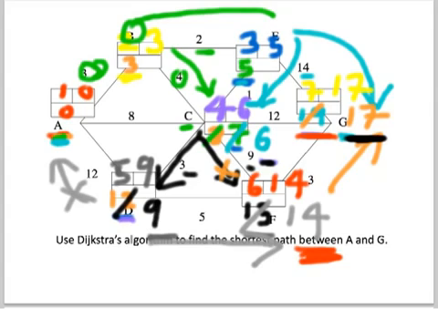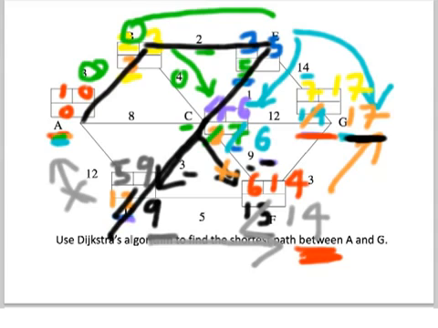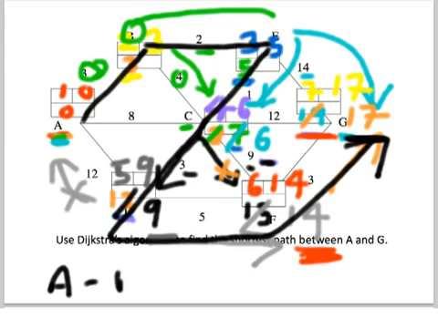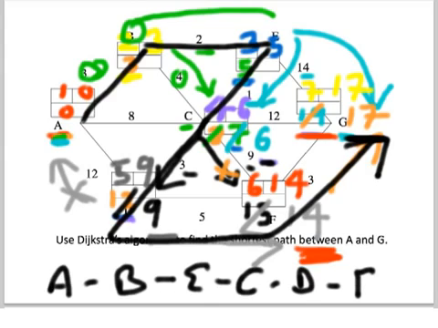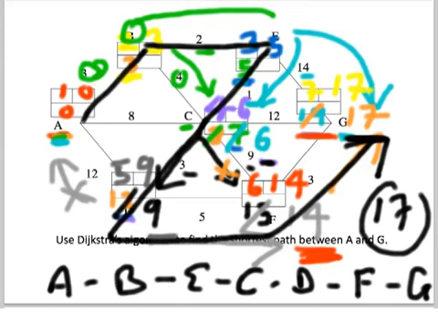Now if we follow it through, starting at A, we went 3 there, we went 2 there, we went 1 there, we went 3 there, we went 5 there, and we went 3 there, which finished up with our 17. So we just state it. So it was A to B to E to C to D to F to G, and that had a weight of 17. And that's essentially how you apply Dijkstra's algorithm to a simple network like this one.